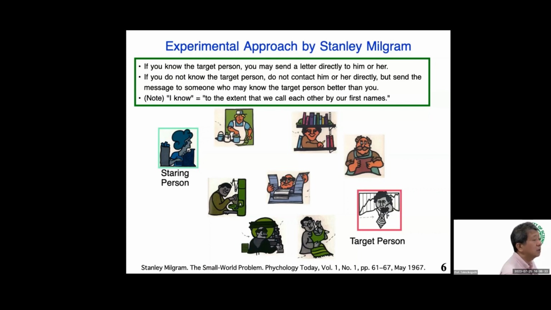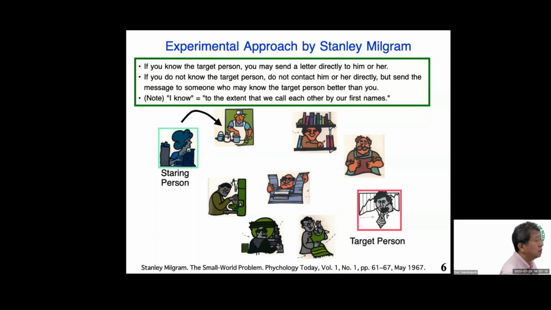If the starting person knows the target person directly, she can send a letter to the target person. On the other hand, if the starting person does not know the target person directly, which is often the case, then instead of contacting the target person directly, the letter is sent to someone who seems to know the target person better than the starting person does.